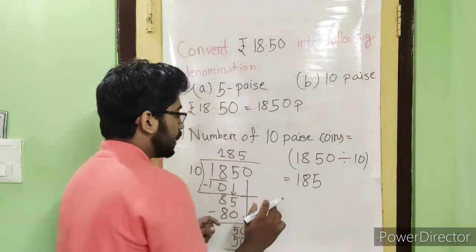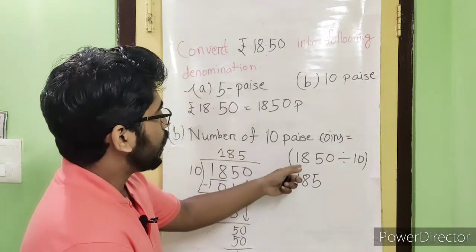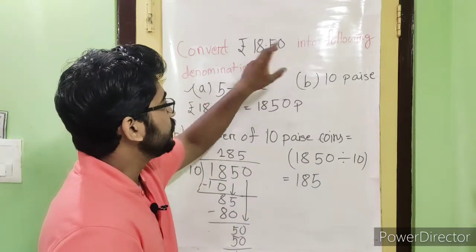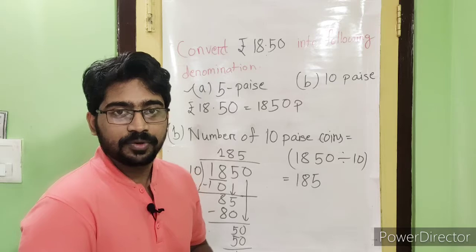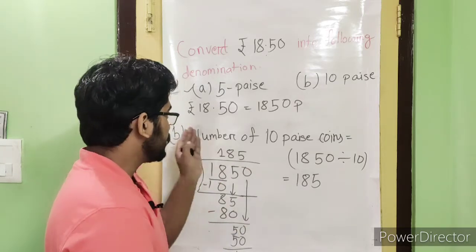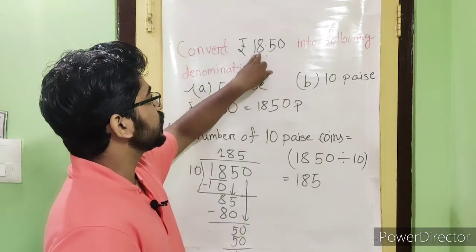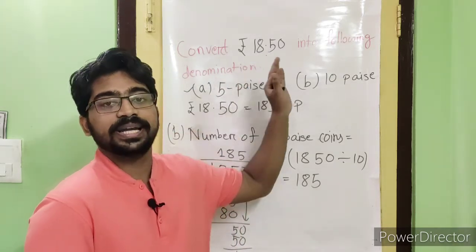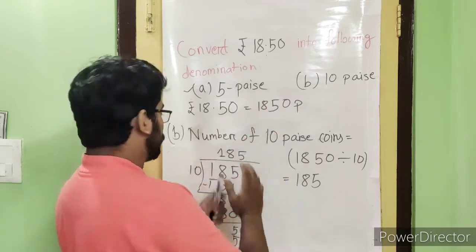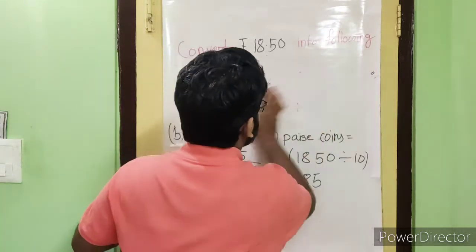That means 185 10 paise coins make 1850 paise. If I take 185 10 paise coins, that equals 18 rupees 50 paise. Clear? Now up to this much is easy, but now I'm changing the number.